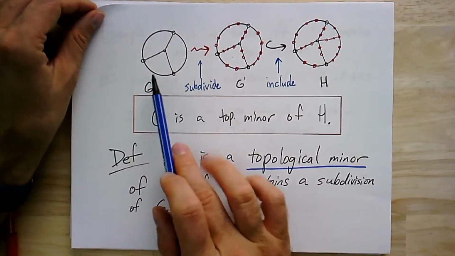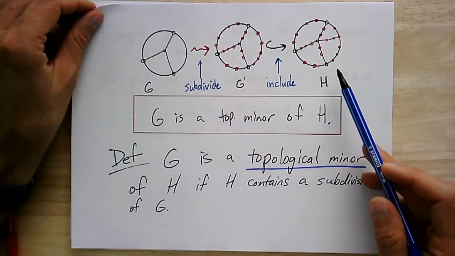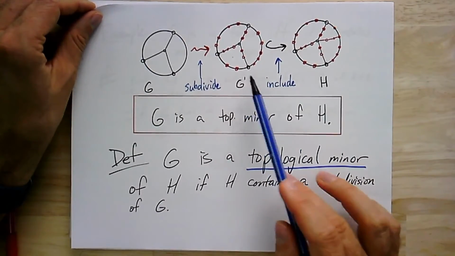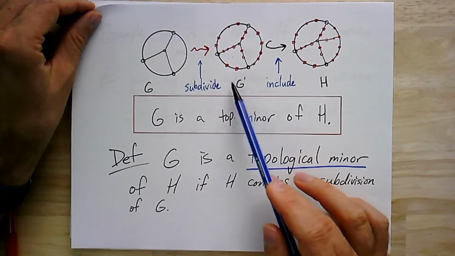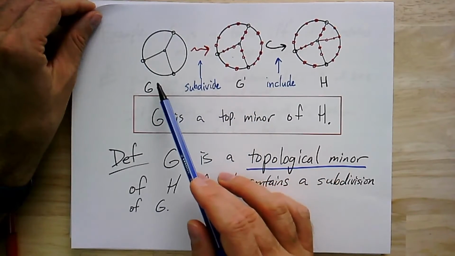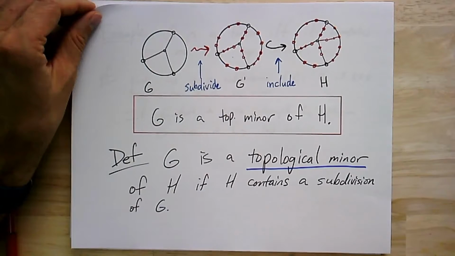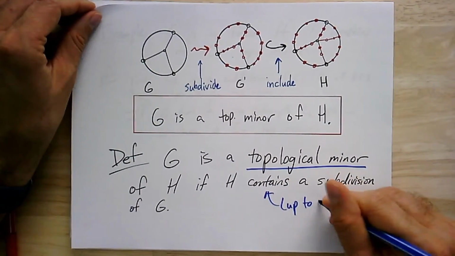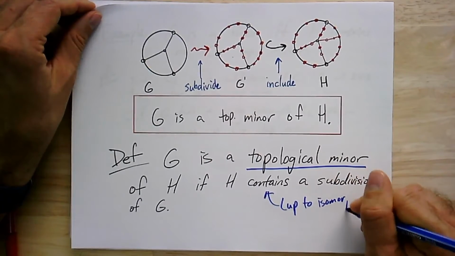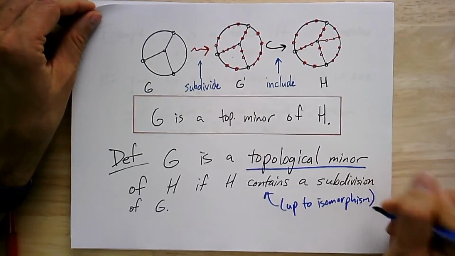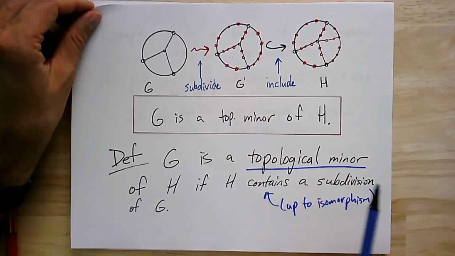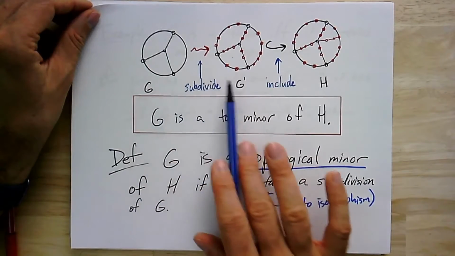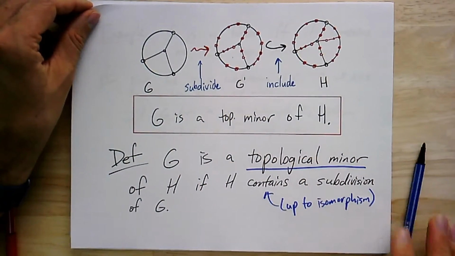So this graph G is a topological minor of this graph H because H contains a subgraph, G prime, isomorphic to a subdivision of G. Here I wrote contains, but you should think of this contains again as up to isomorphism. I will just stress this again: there are two steps to being a topological minor. You first subdivide and then you include.